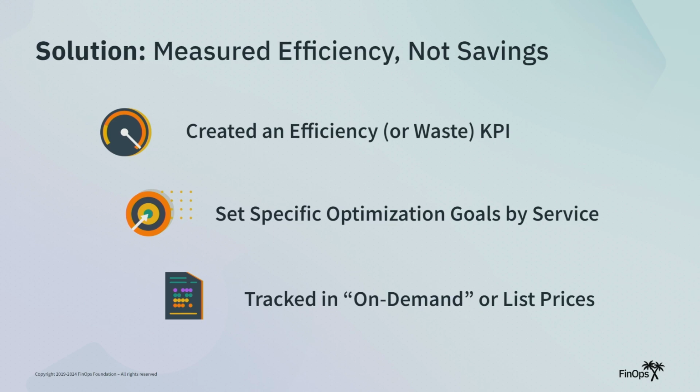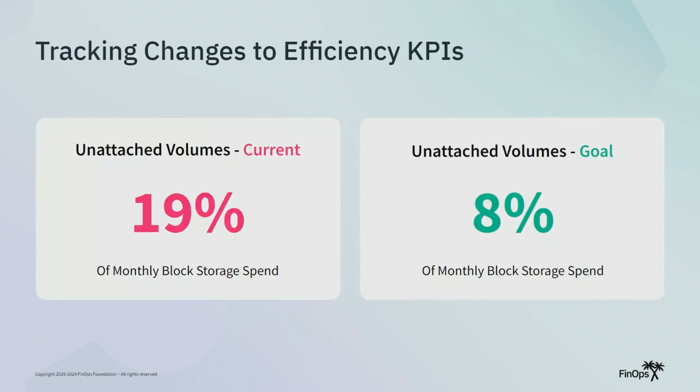And so getting the right KPIs, again, an efficiency or waste-based KPI here, in front of the right people makes a big difference. And so an example here, I don't remember if you had a storage example earlier, but in this case we're looking at storage. So I might have a goal for the effectiveness, the efficiency of my spend in storage, but I'm going to want to divide that down even lower.